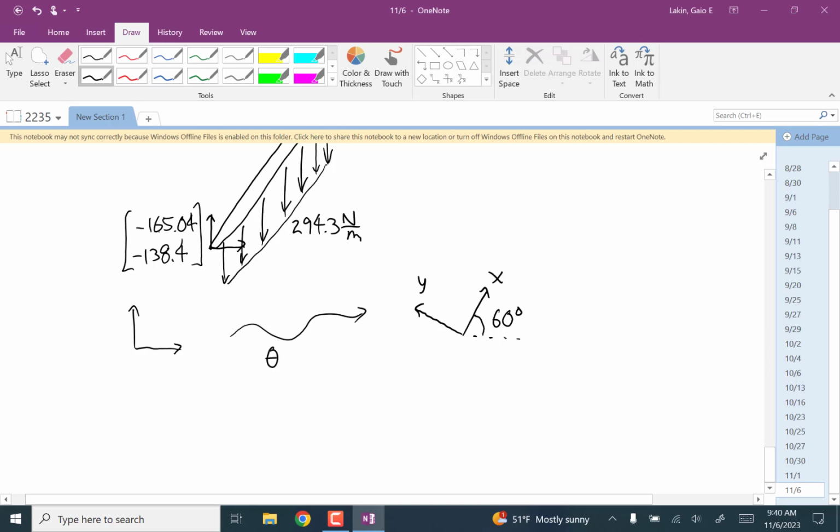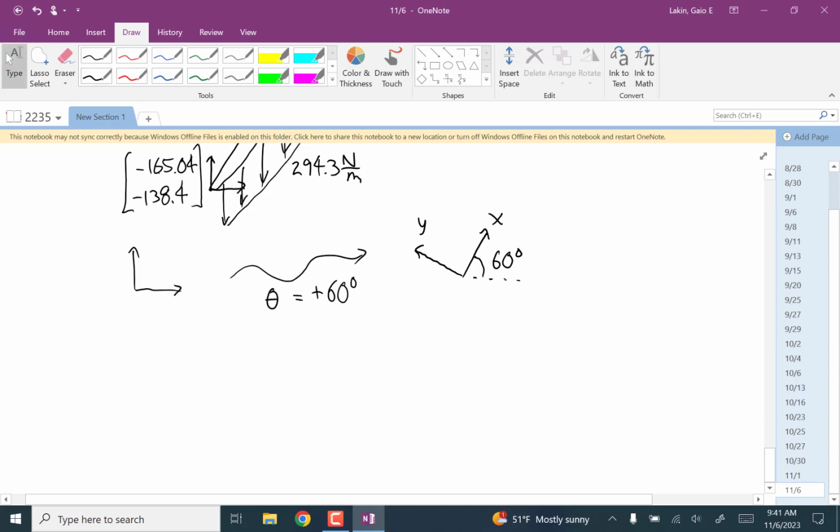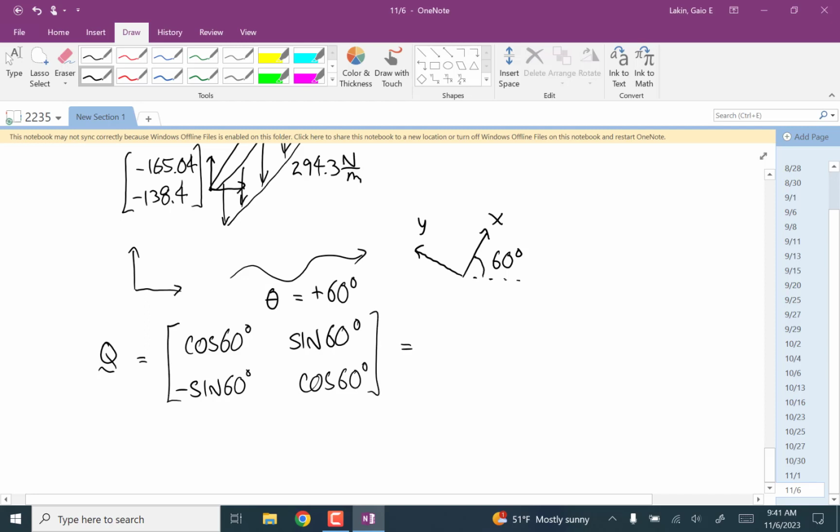And so our rotation matrix, our angle is positive 60 degrees because it's counterclockwise. So our rotation matrix is cosine of 60, sine of 60, negative sine of 60, cosine of 60. And that is 0.5, 0.866, negative 0.866, 0.5.